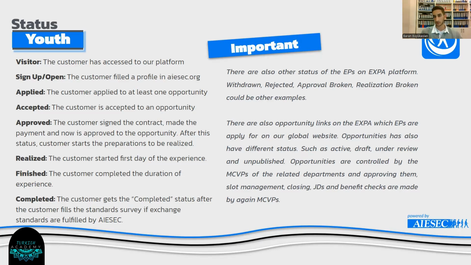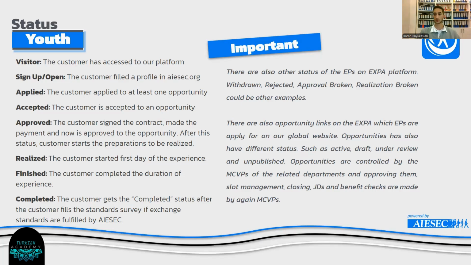There are also some statuses in Expa, in our platform, for the EPs. It could be withdrawn, rejected, approval broken, realization broken. These could be other examples of the status of the EP applicants. And there are also some opportunity links on Expa which EPs are applying for. And there are also some other statuses in opportunities.